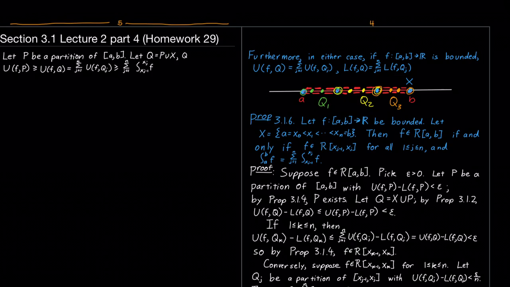So the upper sum is bounded from below by the integral. Qj is the intersection of Q with xj minus 1 to xj, as usual.